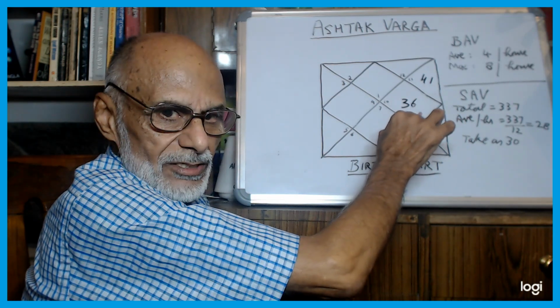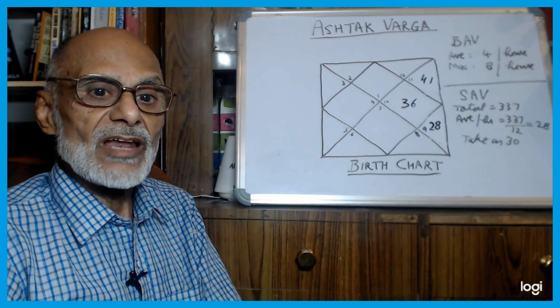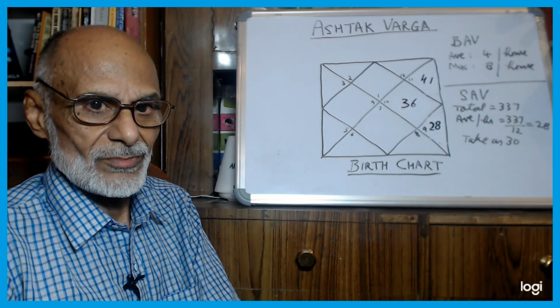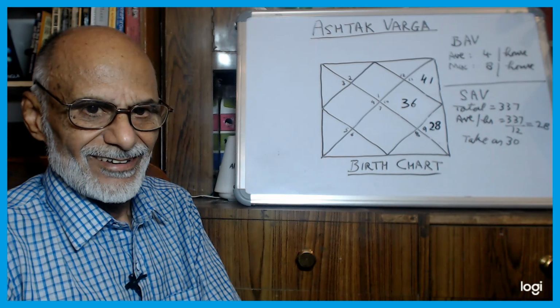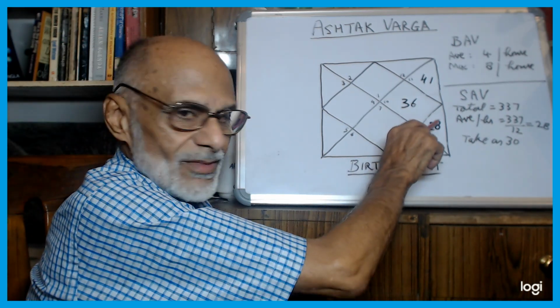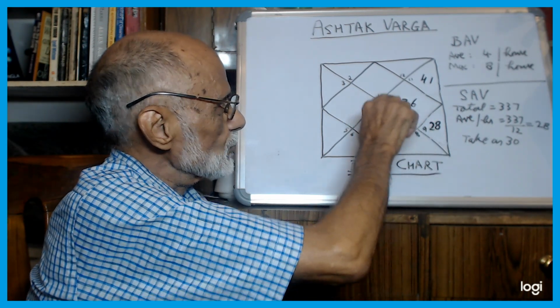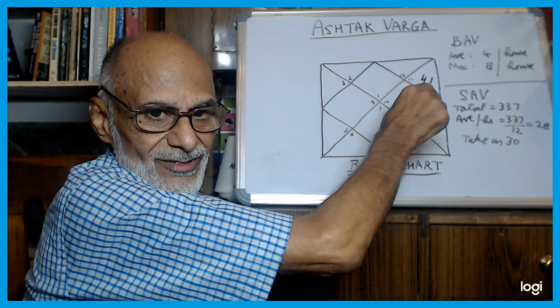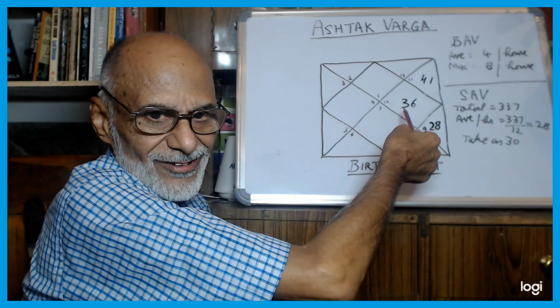So this type of native is self-made, right? So you can take great help from astrology to learn and not get depressed, right? Because the sequence is in progressive mode. There is every chance, and this native has proved it, right?